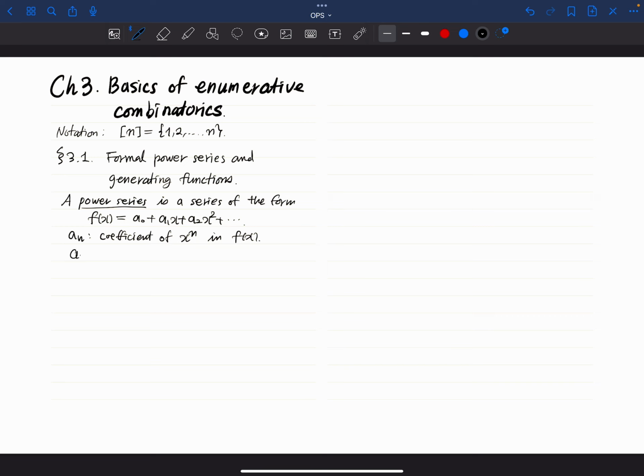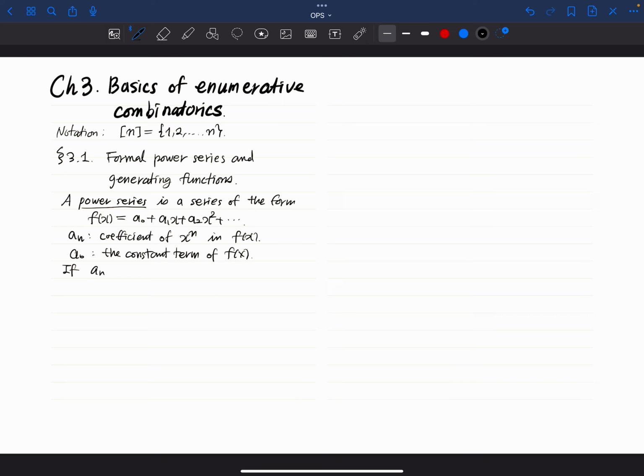And a0 is called of course the coefficient of x to the 0, but it's also called the constant term of f(x). And these are common terminologies in formal power series.